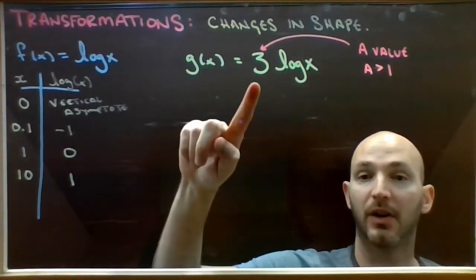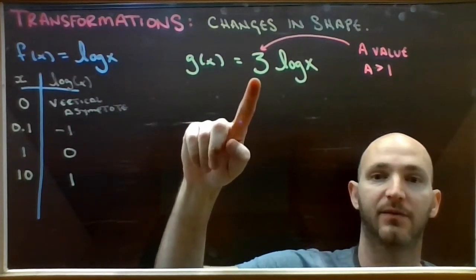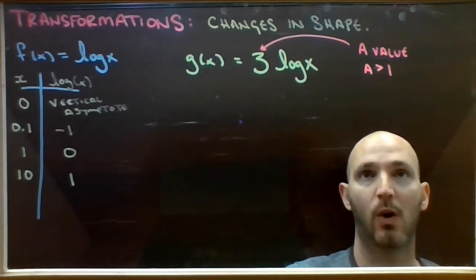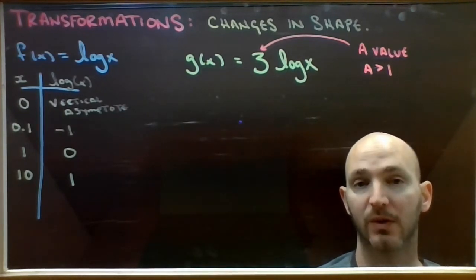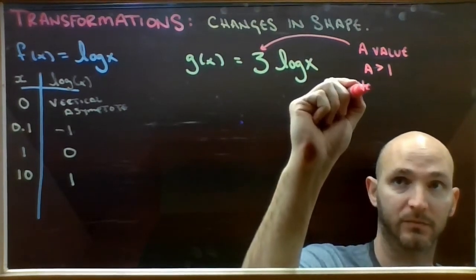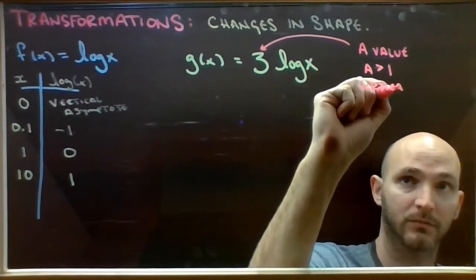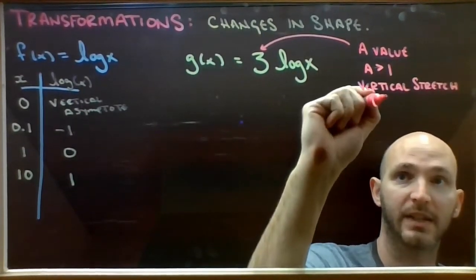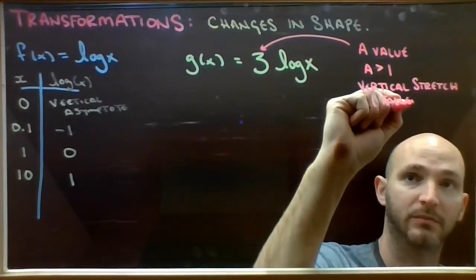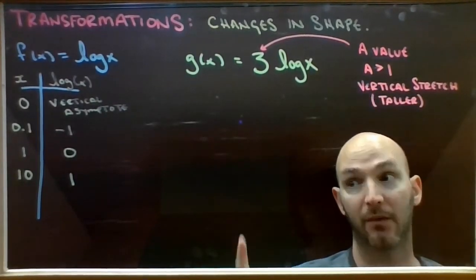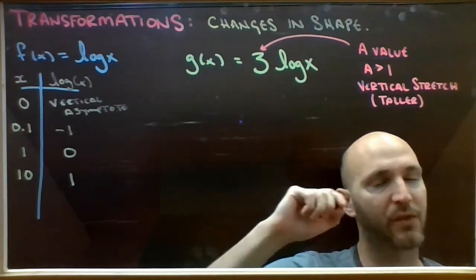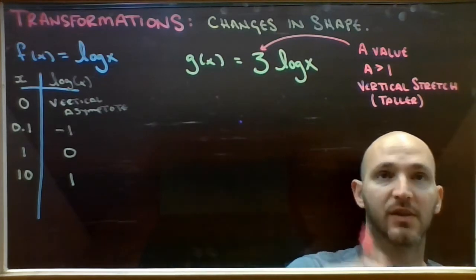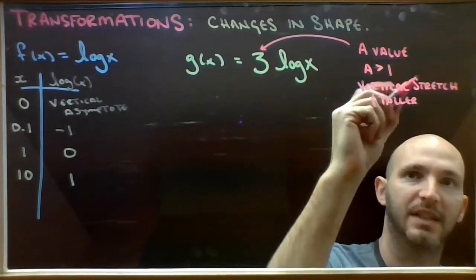So if you see a number out here like 2 or 5 or 7/3, anything that is bigger than 1, you end up with a vertical stretch. Which means it's going to get taller than it normally would be if it's above the axis. The thing you also have to remember, though, is that anything below the axis goes deeper. So it's taller or deeper.